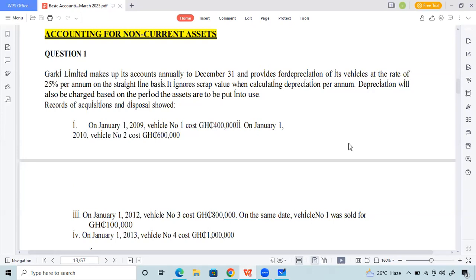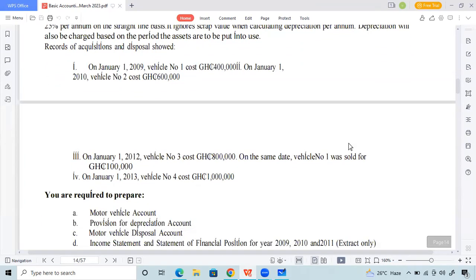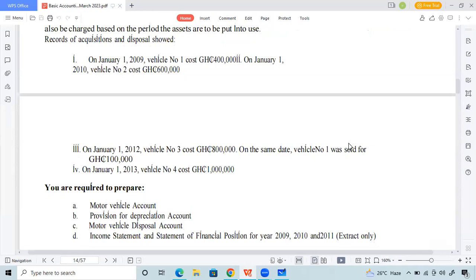So now, in our general practice question, this is question 1. What is the requirement of question 1? That's the first thing that you need to do. Once you are given any question, you need to look for the requirement. What does the examiner want you to do? It says you should prepare the motor vehicle account, the depreciation account, the disposal account, the income statement, and the statement of financial position for 2009, 2010, and 2011 only.